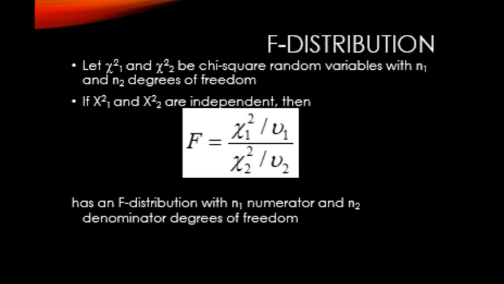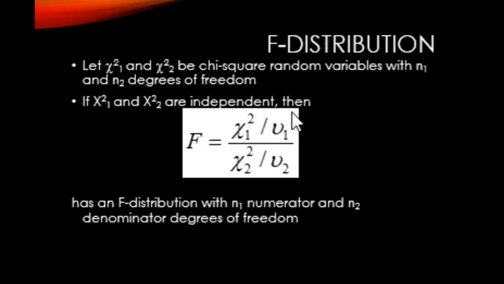Here's the last one that we will be using, the F distribution. It is basically the ratio of two chi-squared distributions. So this will be used when we are trying to make inferences about two population variances. We need to figure out the ratio of two population variances. That's when we will use this distribution. The F distribution has 2 degrees of freedom, nu1 and nu2.